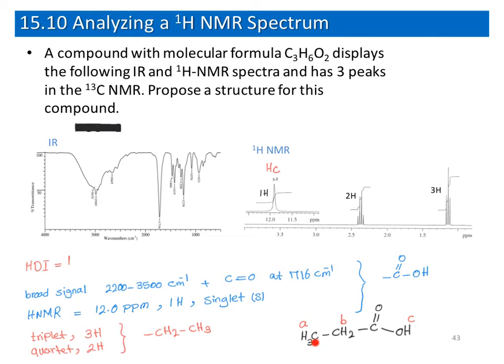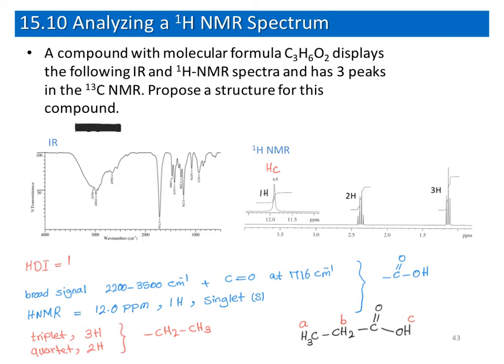Now if you look at CH3, CH3 is connected to CH2. It's an alkane, and we expect to see that somewhere between 0.9 to 1.7 ppm. If you look at the neighboring hydrogens, we have 2 hydrogens. The multiplicity for CH3 should be 2 plus 1, so we should see a triplet with integration of 3.